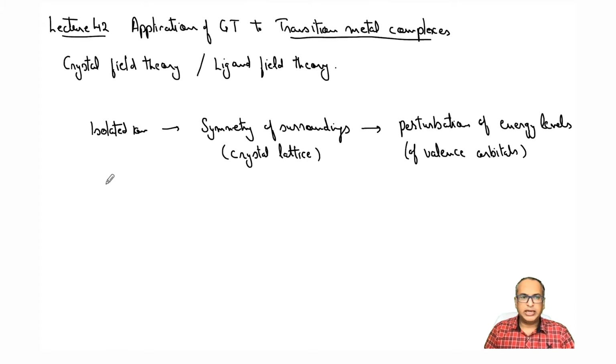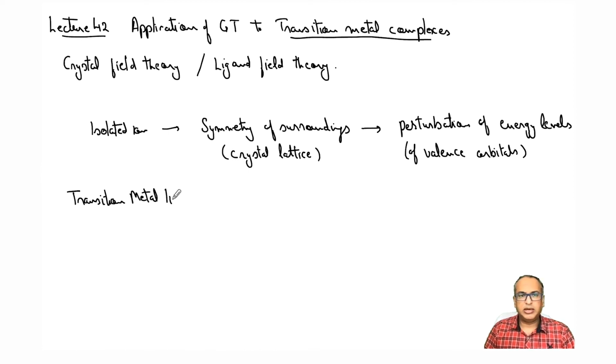So what basically happens? Here we are discussing transition metal complexes. How are they characterized? So transition metal complexes, or we can say transition metal ions, because we're talking about ions. Let's not form the complex yet.